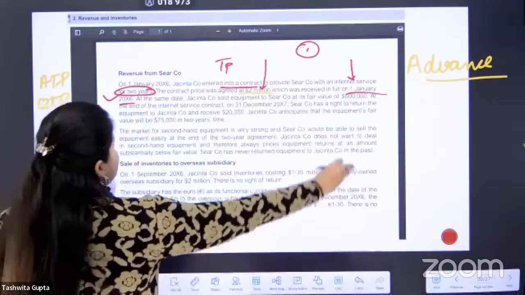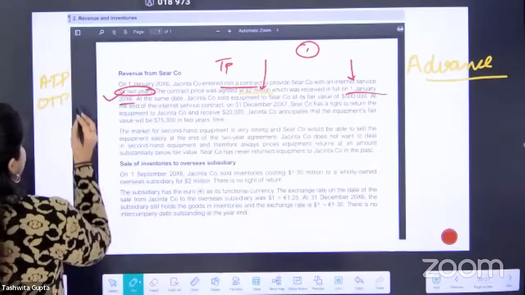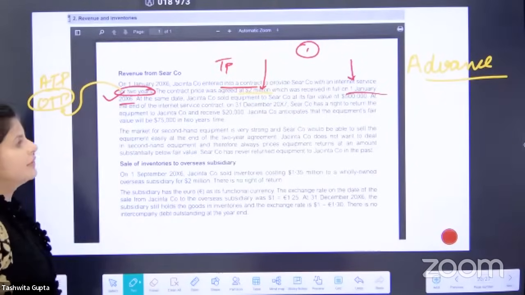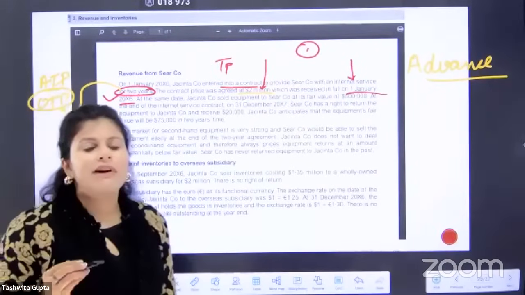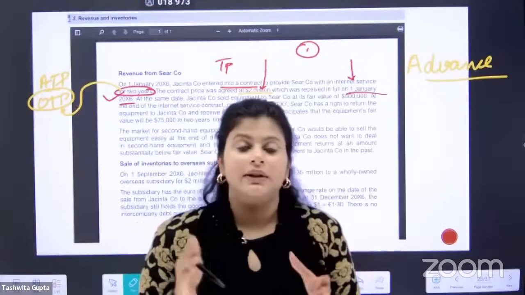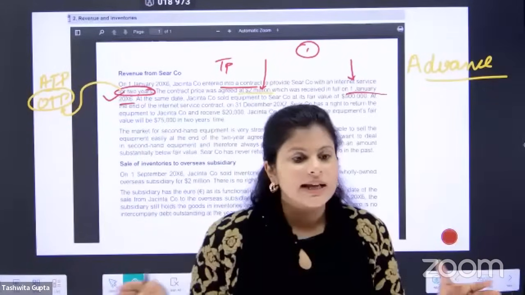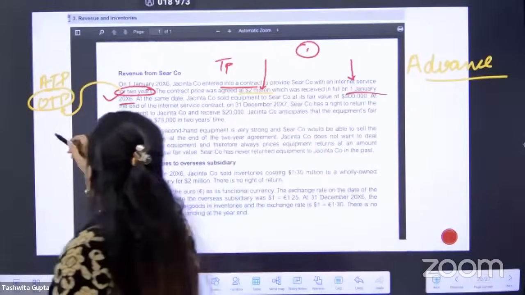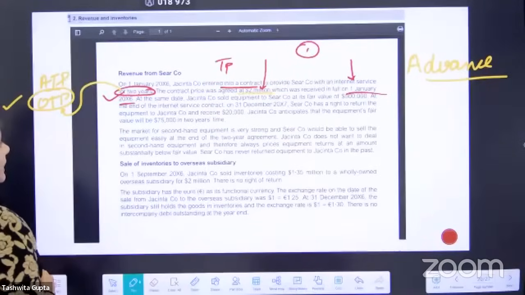Why? Because this internet service is given for 2 years. So the customer is simultaneously receiving and consuming the benefit. If you have any Wi-Fi or data plans, you are consuming and receiving it over the period of time, right? Simultaneously. So you will say the first condition is met here. So this will be recognized over the period of time.